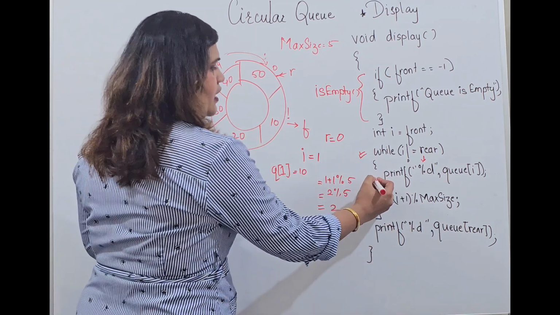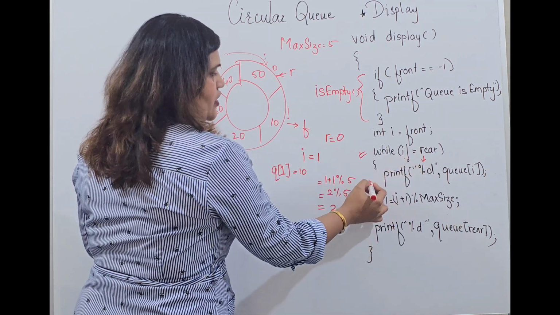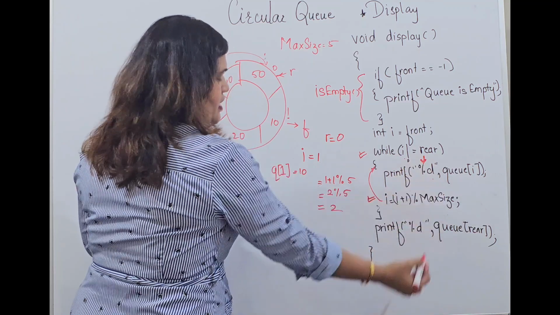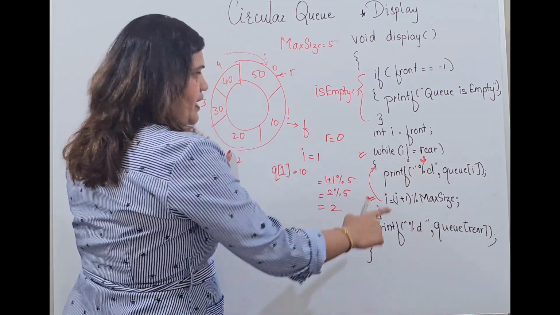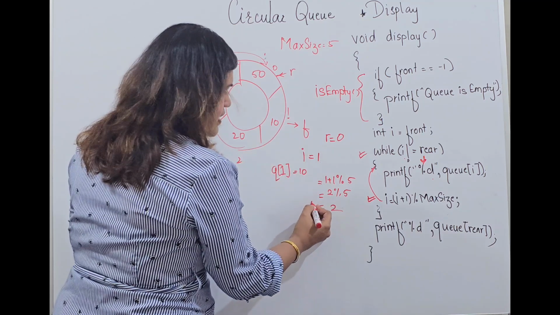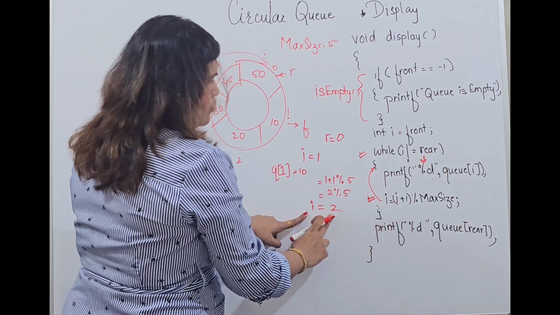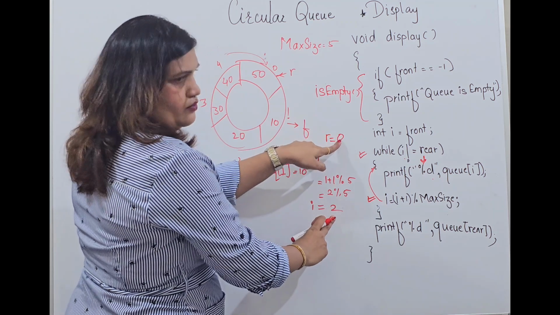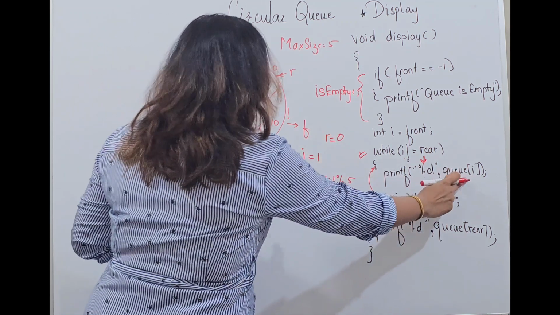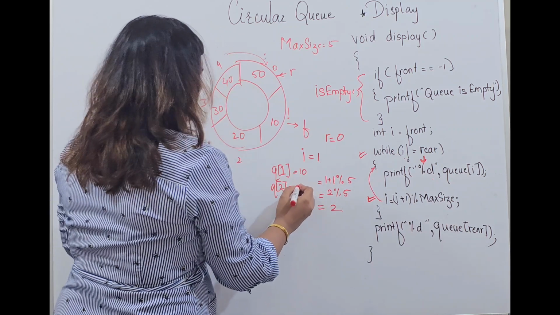After here, I'll check the condition again, come inside again and print it. The value of i is 2 now, after implementing this formula. Is my i not equal to rear? Yes, so it will come inside and print. What is the value of Q of i? That is Q of 2, 20.